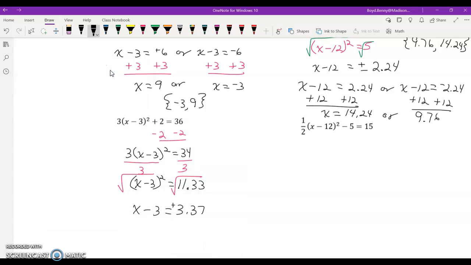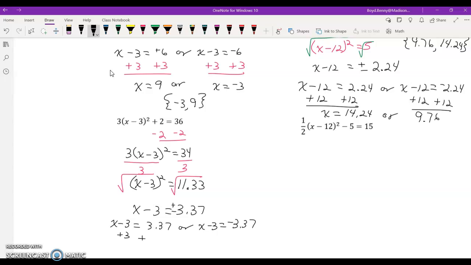Don't forget that it has a positive root and a negative root. So then to finish this up, we would do x minus 3 equals 3.37, or x minus 3 equals negative 3.37.